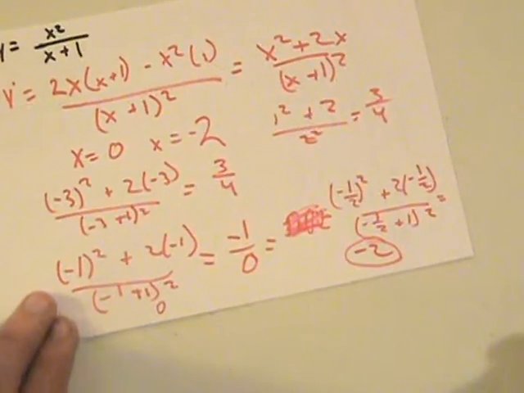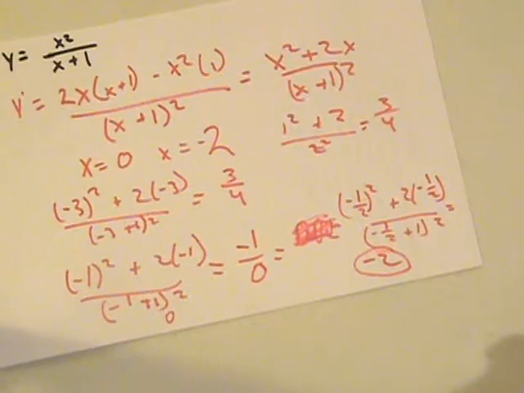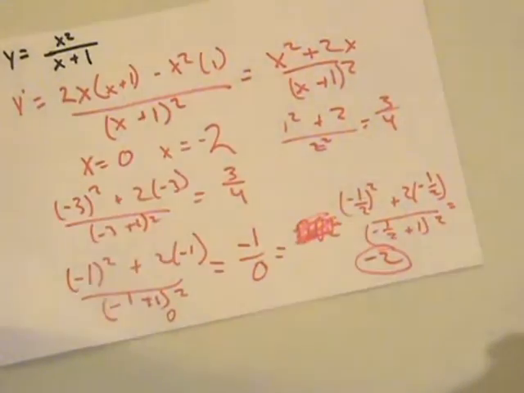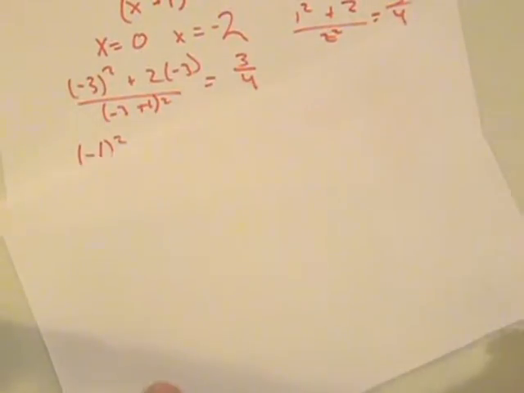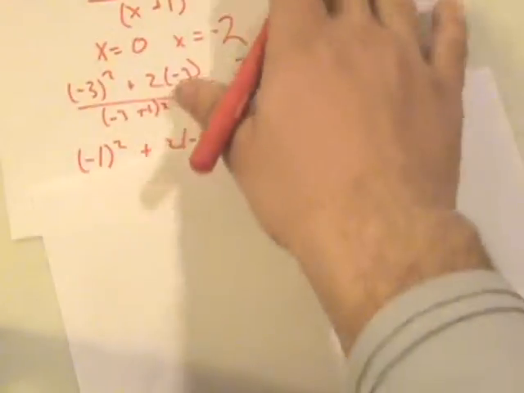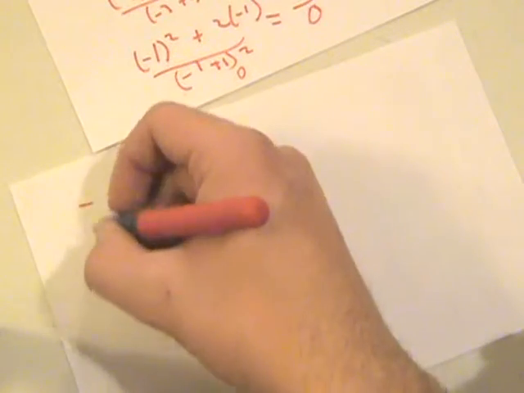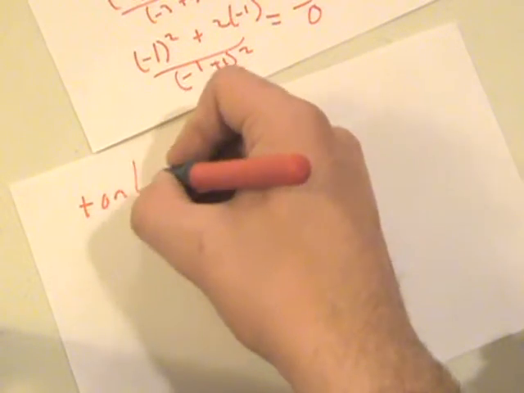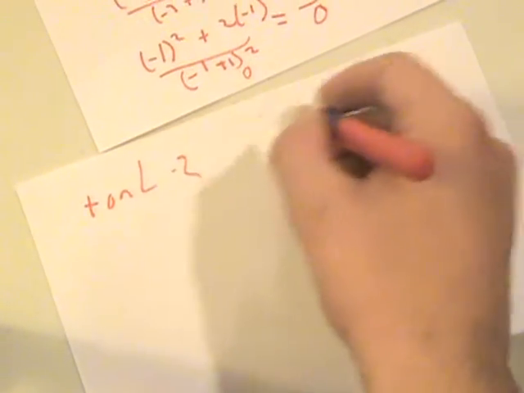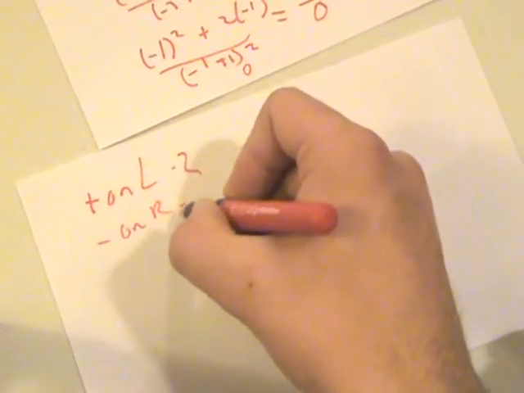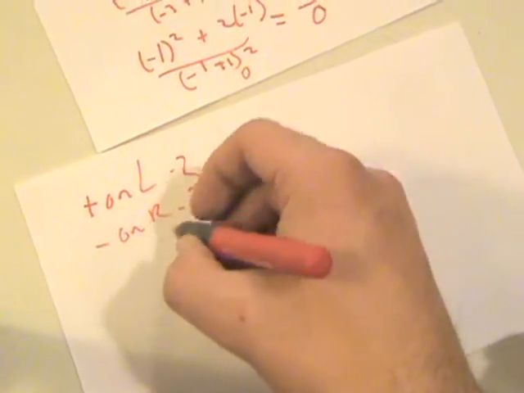So what does this tell us? This shows us that we got 3/4 on the left of -2, so it's positive on the left of -2, but then we got -2, so it's negative on the right of -2.